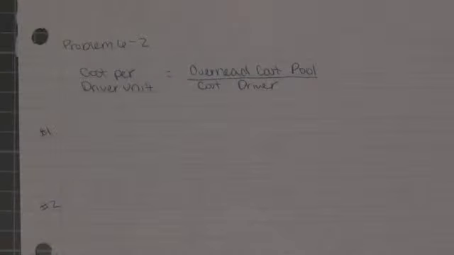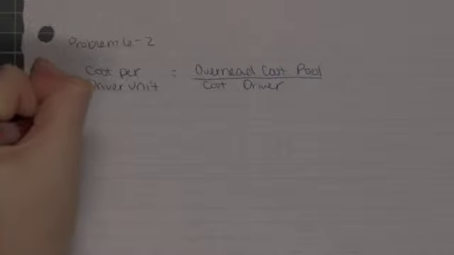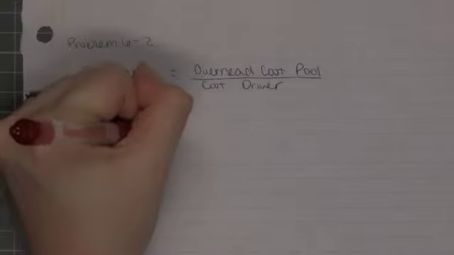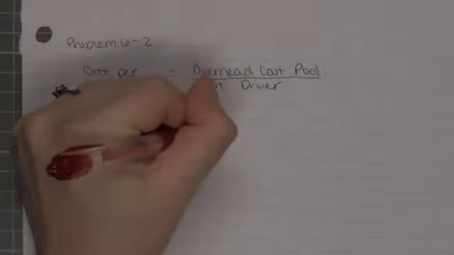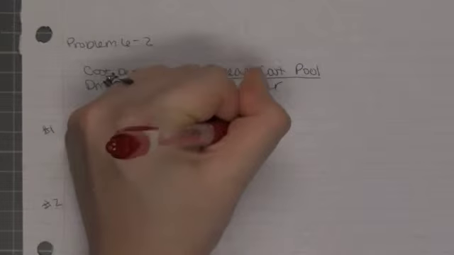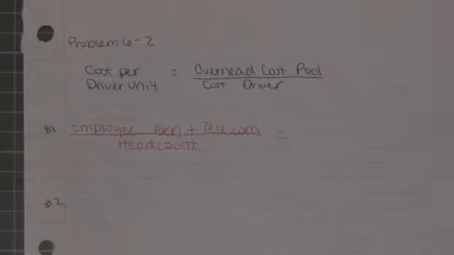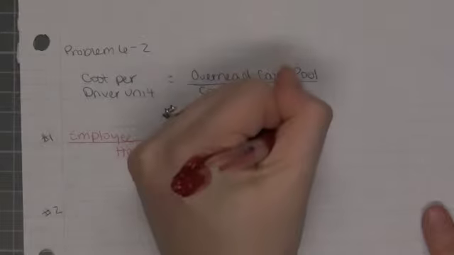All right, so the first cost pool they tell us is that employee benefits and telecommunication costs are driven by headcount. So we're going to add those 2 overhead costs together. Okay, so that's what we're going to do, and then plugging the numbers in.